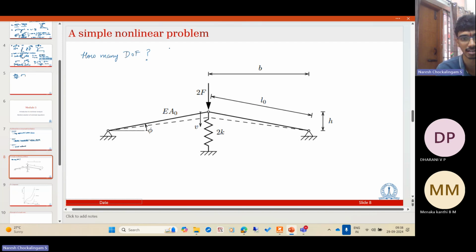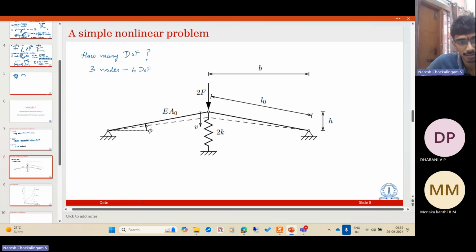These are truss members. 6 degrees of freedom, sir. Yeah, you have 3 nodes, so you have 6 degrees of freedom in general.